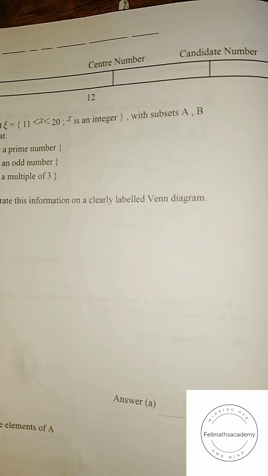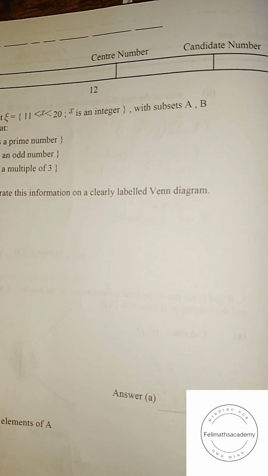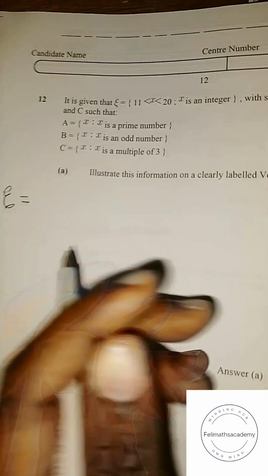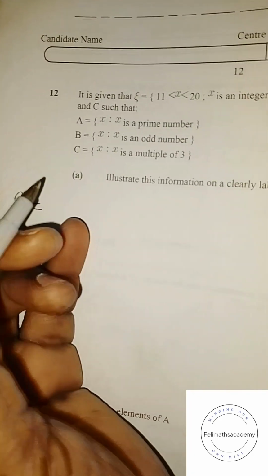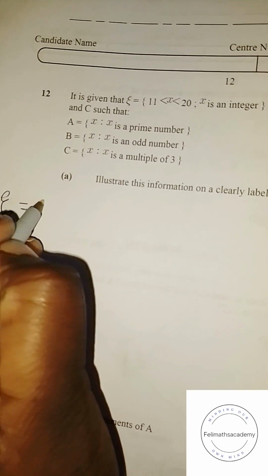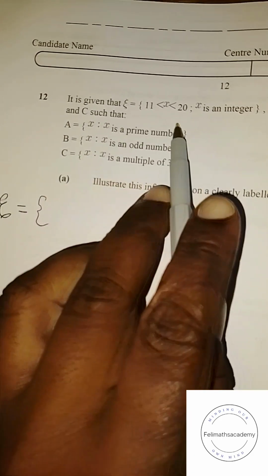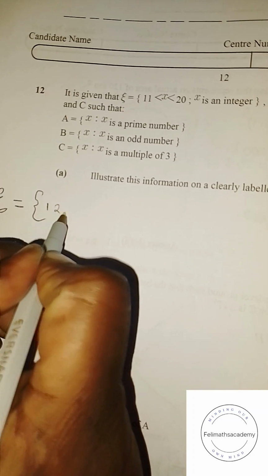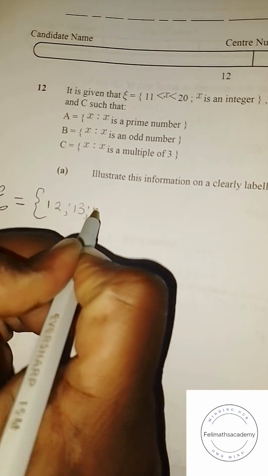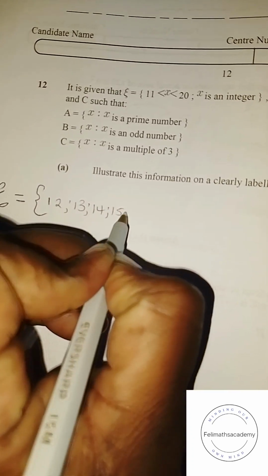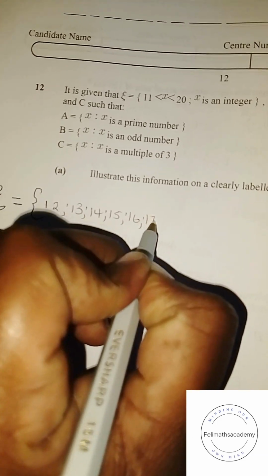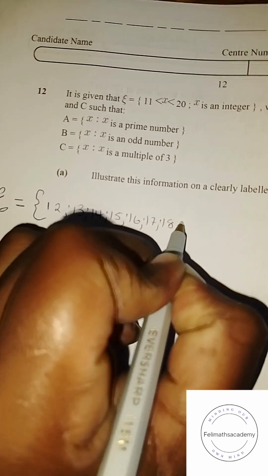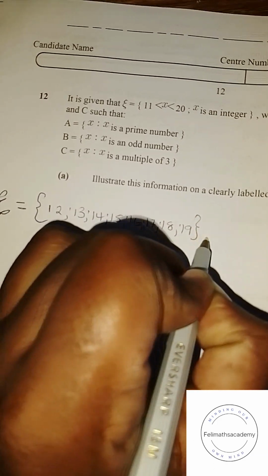So first we list the elements of our universal set. So the universal set is equal to the set of 12, 13, 14, 15, 16, 17, 18, and 19.